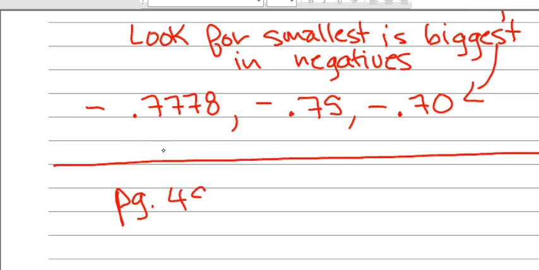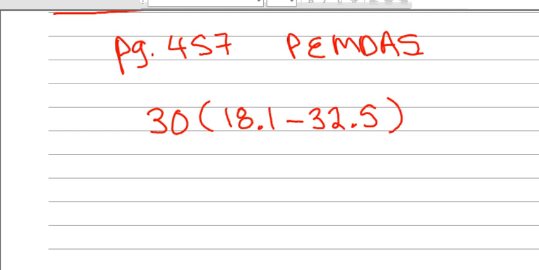Now, on the top of page 457, there's some PEMDAS, and these are just really difficult doing by hand. So if any of these would happen to be on a test, I'm sure they would be on the calculator part. So just to show you, this is number 244 in the book if you have it.